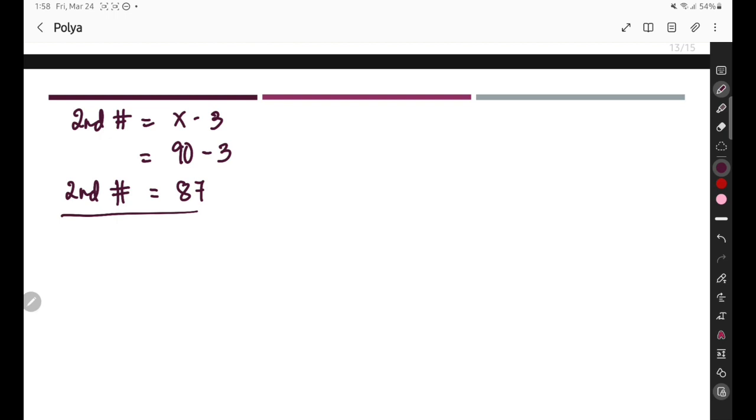Alright, and then let's try to look back. Now, if the sum of the two is equal to 177, so you have x plus x minus 3, is it equal to 177?